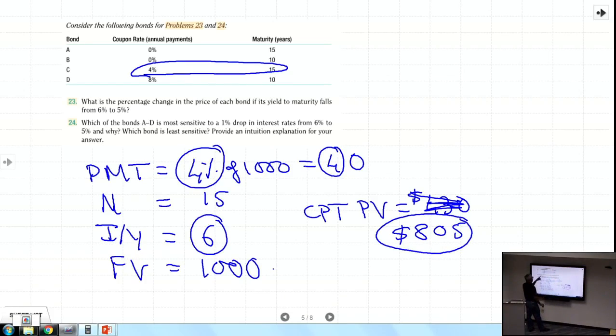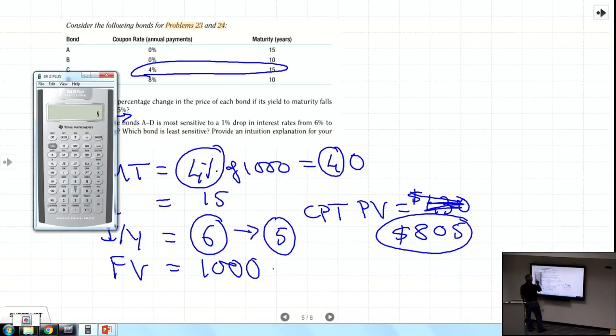So we got that. Now we're going to keep everything else the same and drop the yield from 6% to 5%. So we go back over here, change IY to 5%, and we will compute present value. And what happens? The price of the bond increases to $896.